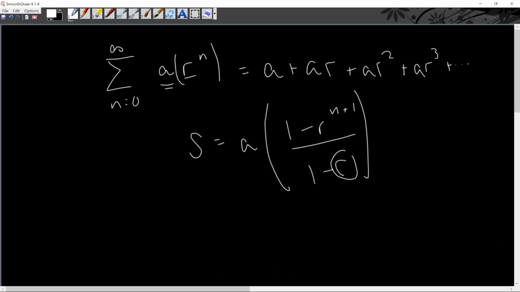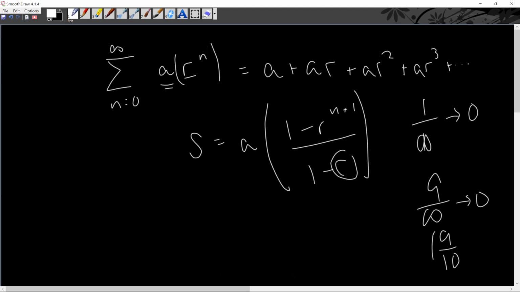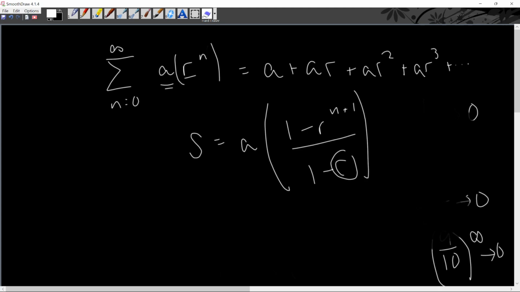The same reason why 1 over infinity approaches 0 is the same reason why 9 over infinity approaches 0, and why 9/10 to the infinity approaches 0, because these are fractions, right? And the fraction itself is going to decrease as n increases.